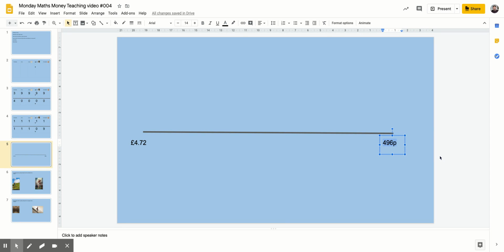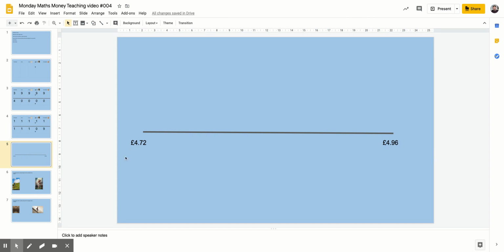So I know the 400 pence is worth £4 and 96p. So it would be £4 and 96p. Now, having them both in the same format just makes it easier for me to understand what I need to do here. Now I'm going to place some numbers in between these two values.